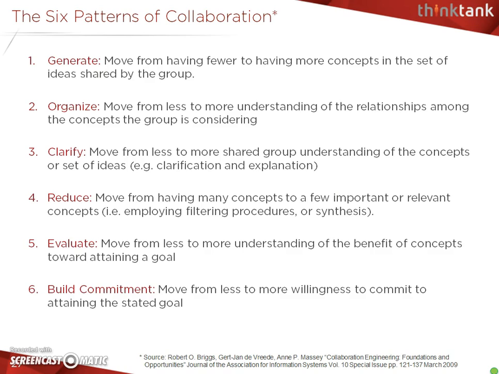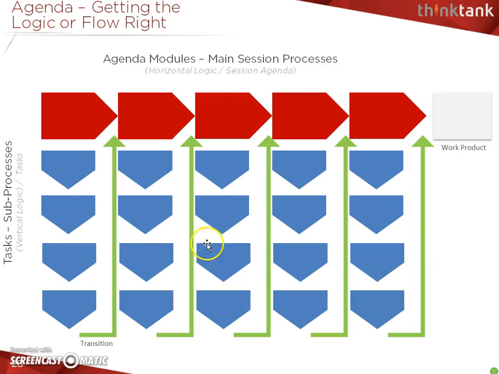The last principles we'll share for this time are about how to plan the horizontal and vertical logic of your session agenda. Basically, you can consider the agenda of a session as the red arrows on top of the screen. You first plan out which agenda points you need, step 1, 2, 3, 4, and 5.